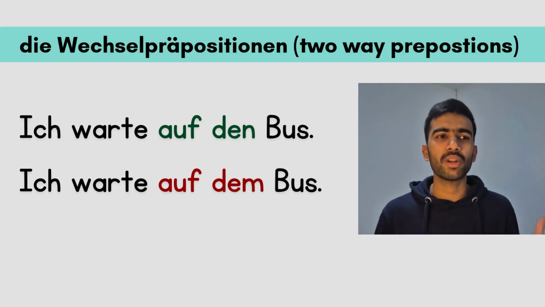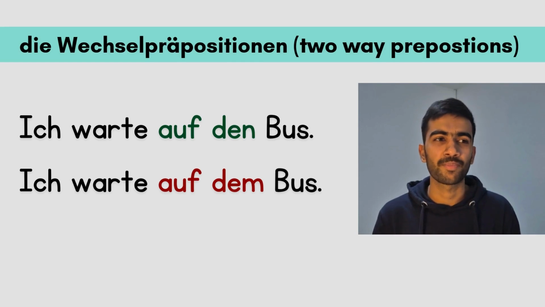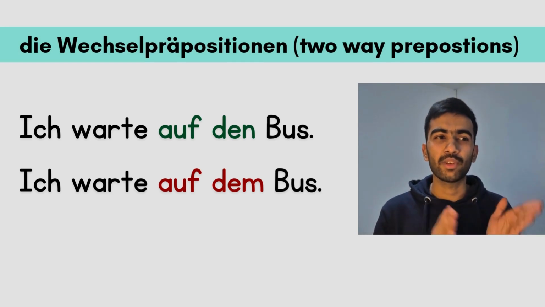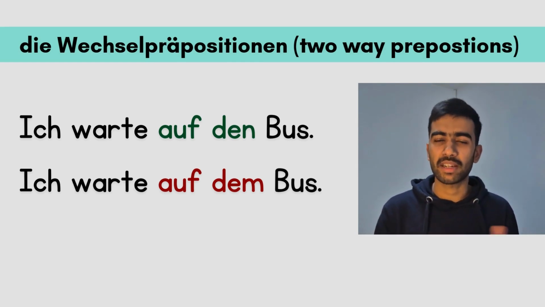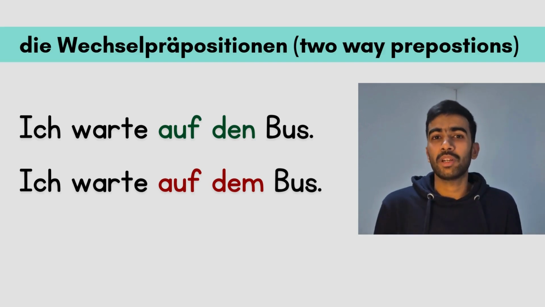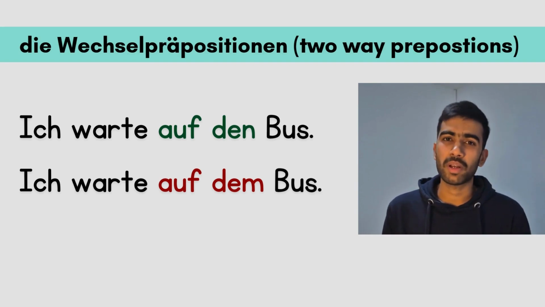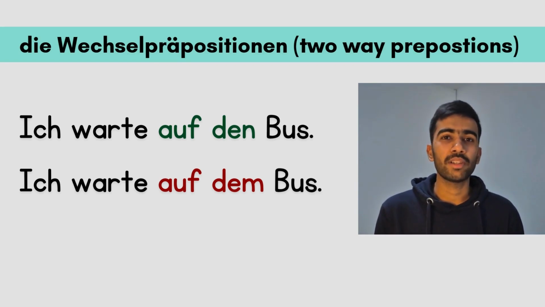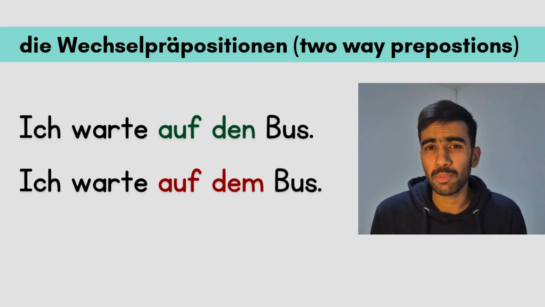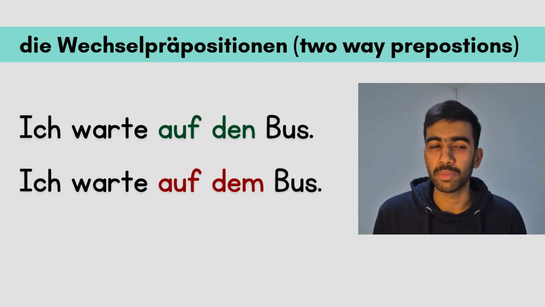Okay, so what is the difference between these two sentences? And the verb which is being used is warte. So we can stand still and wait for something, for a bus, for example, and there could be a movement or there could not be a movement. Okay, so which sentence is correct here?